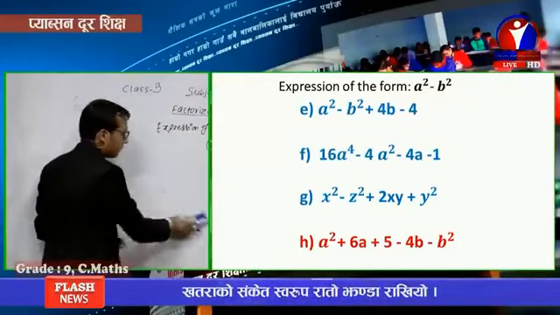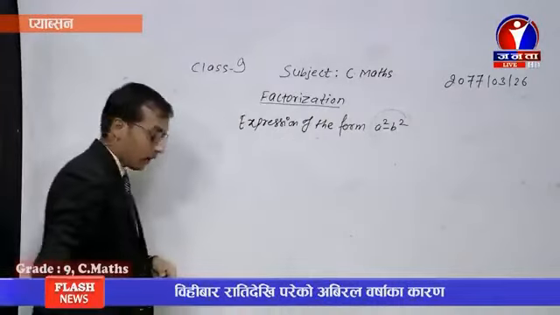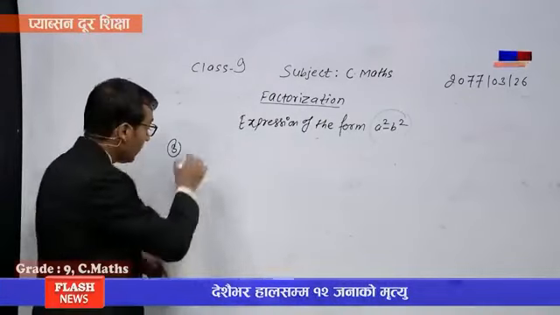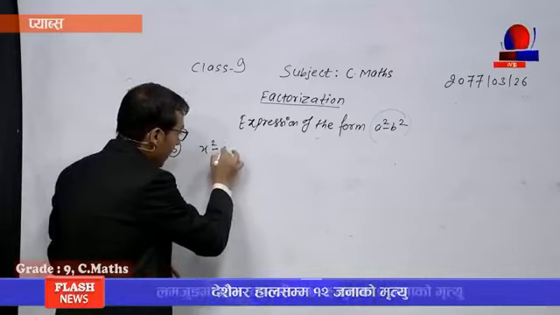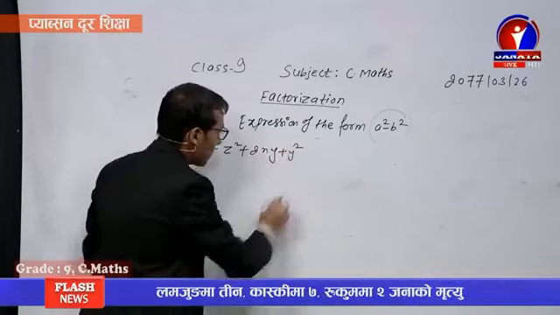So let me take another example here. Let me take third example, number 3. Example number 3 here is x square minus z square plus 2xy plus y square.